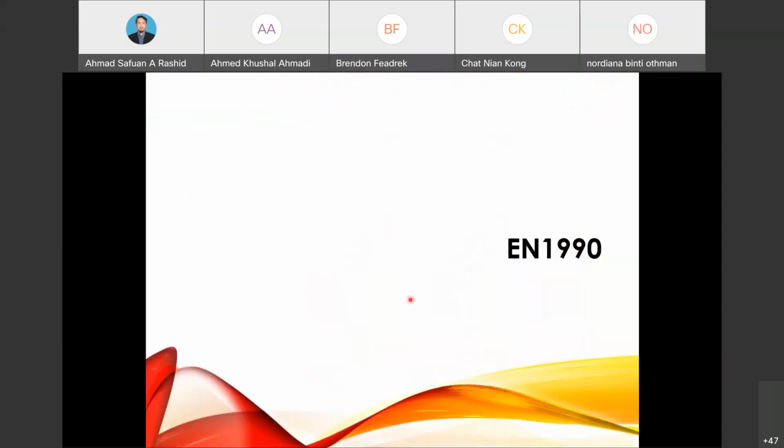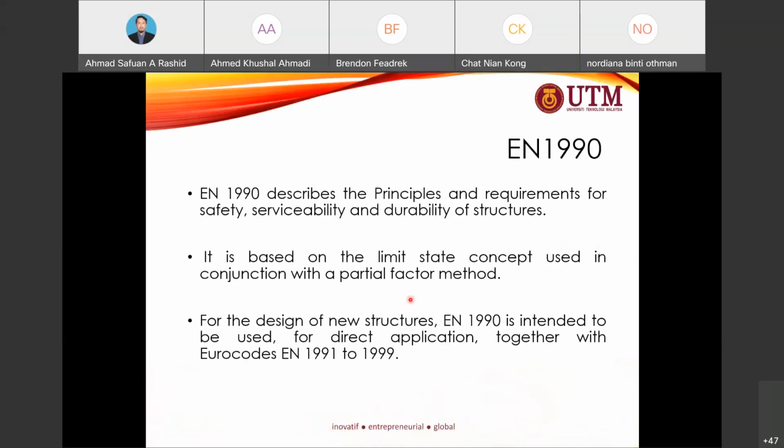So this is some background on Eurocode 1990, the general basis of structural design. Eurocode 1990 describes the principles and requirements for safety, serviceability, and durability of structures.